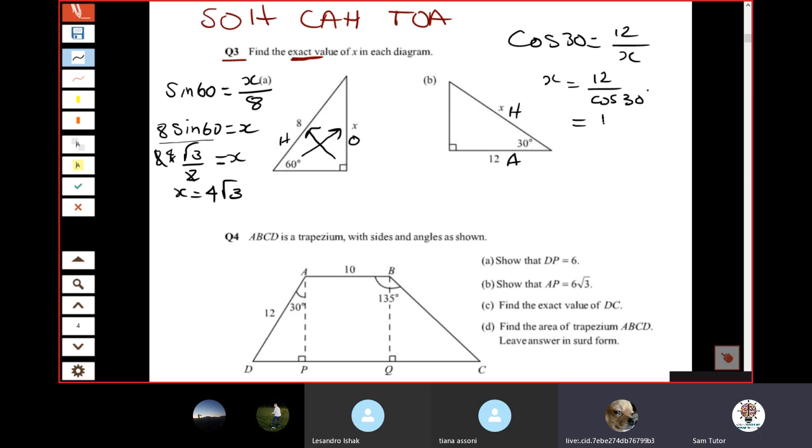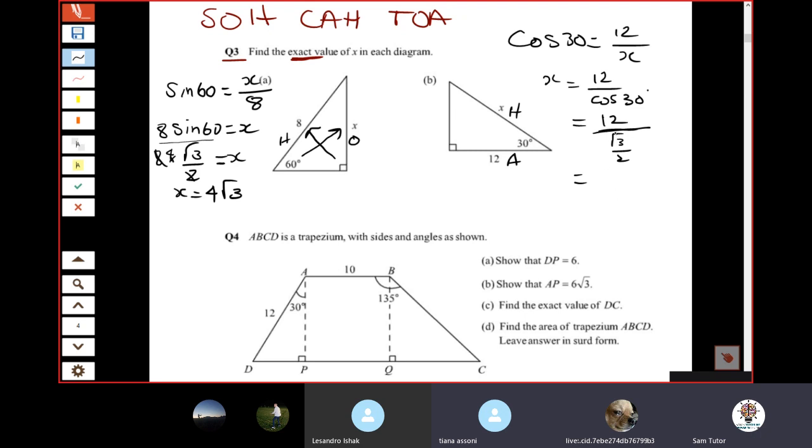Again, we don't put the whole thing into the calculator, you only put the cos 30 in. Cos 30 becomes 0.866, which again becomes root 3 on 2. Just double check that, see if you agree. Anybody not agree with this line here?